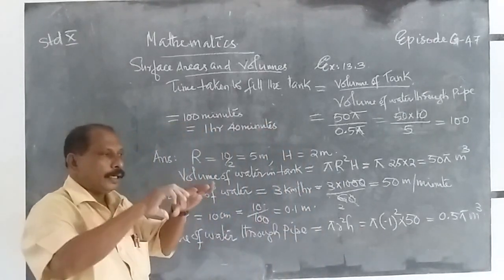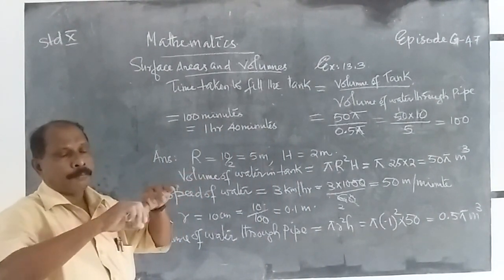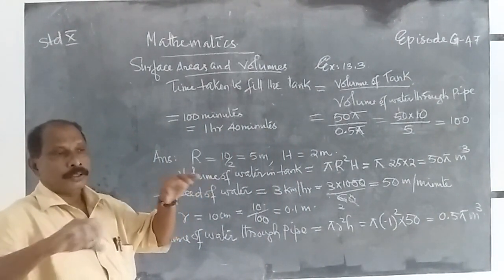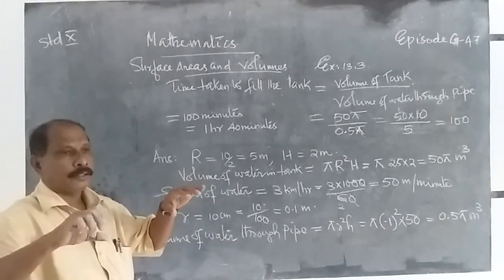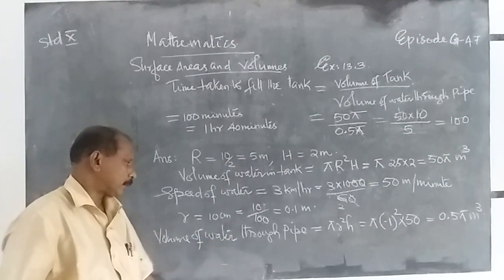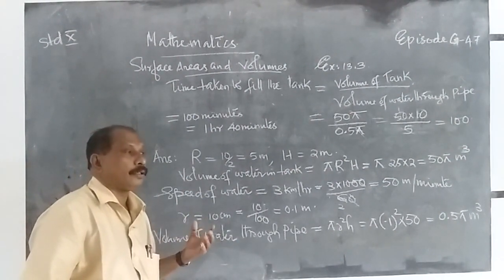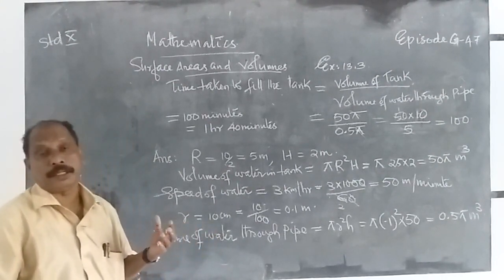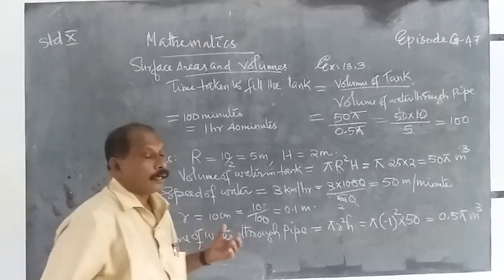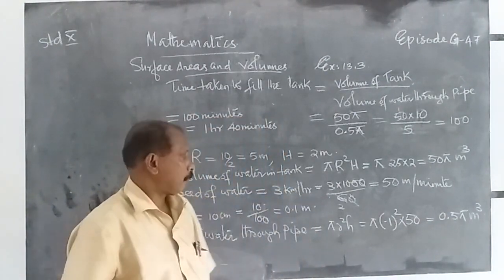Therefore, the cylindrical pipe is also in cylindrical shape. Water flowing through the pipe is also in cylindrical form. Therefore, what is the volume of water through the pipe? The diameter of that pipe is 20 centimeter. Therefore, radius is 10 centimeter. Converting centimeter to meter by dividing by 100, we get 0.1 meter.